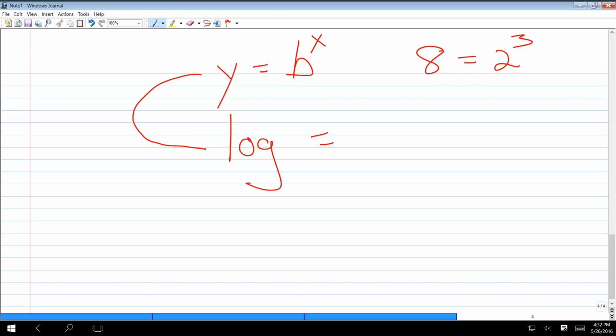Logs are exponents. So if I'm trying to write this as a logarithmic expression, the very first thing I can write is the log has to be equal to x, because logs are exponents. Well now, where do the b and the y go? The b always goes down there. The only place left for the y is there.